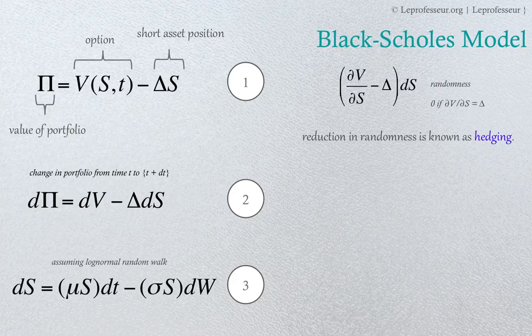Delta hedging is nothing but the reduction in the randomness. So we are trying to reduce the randomness in our equation. If delta V over delta S is capital delta, the whole randomness is 0, and we make use of the concept of delta hedging.